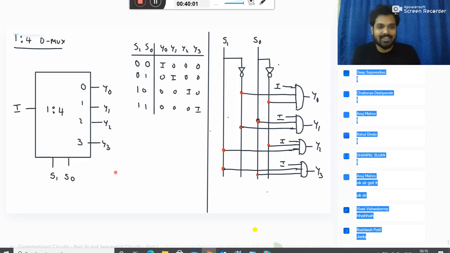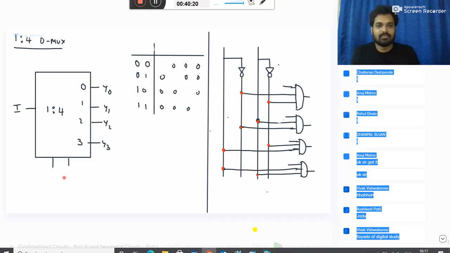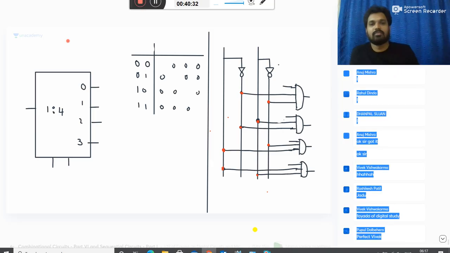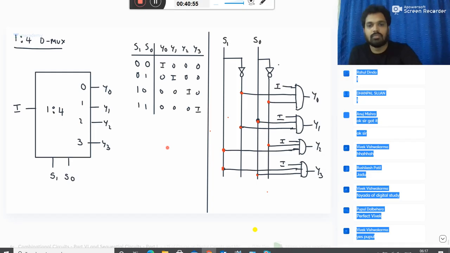Smart work is always required, right? Okay, done.